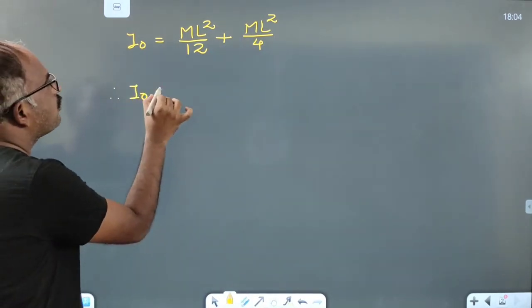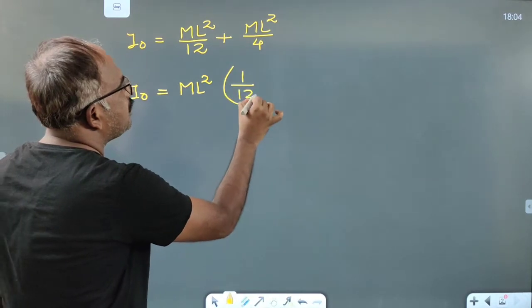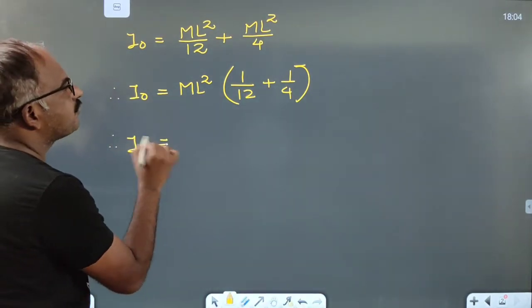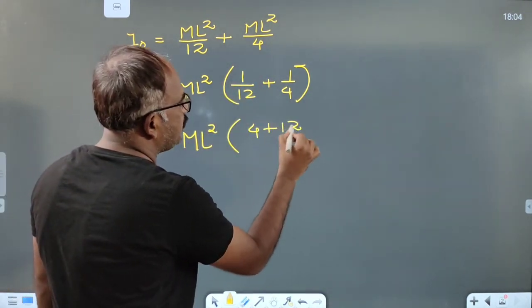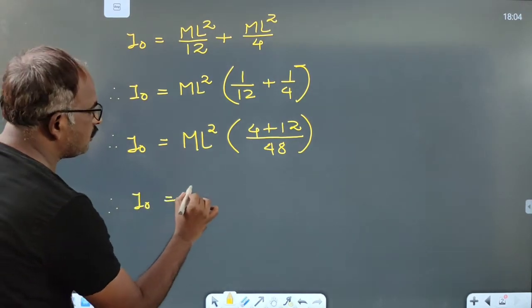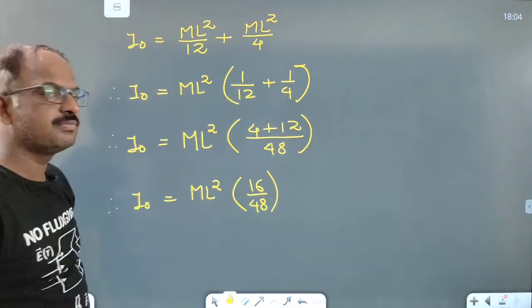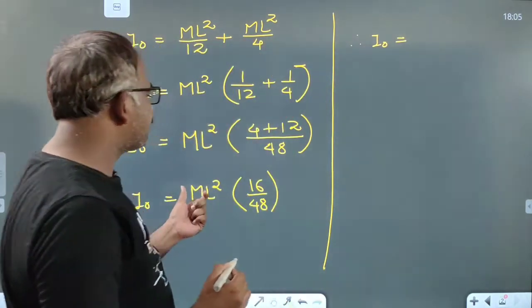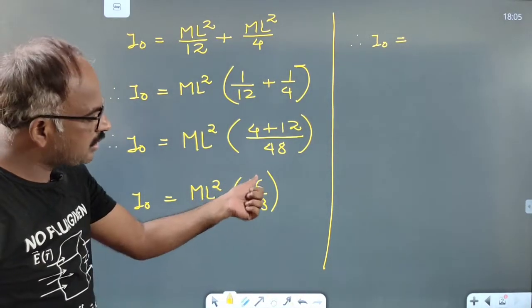Therefore I_O is equal to M L square, taking common, what remains is 1/12 plus 1/4. Therefore I_O is equal to M L square into (4 plus 12) divided by (12 into 4, that is 48), which is 16/48. 16 threes are 48.